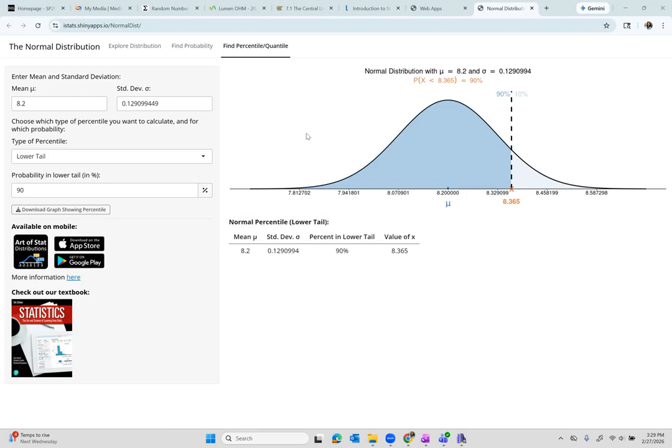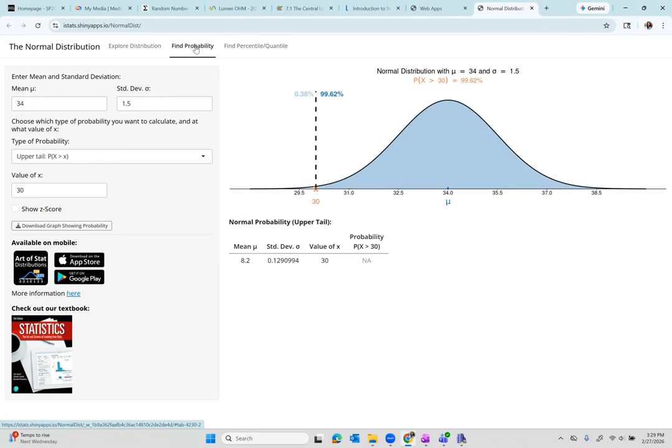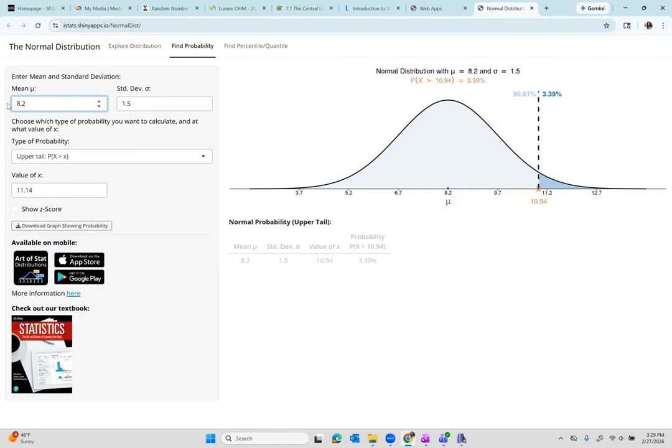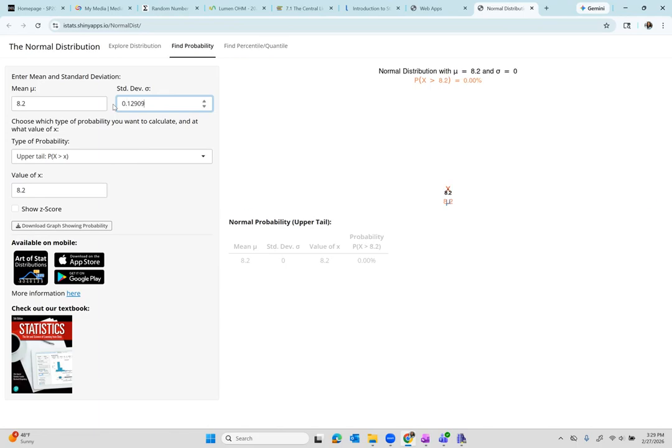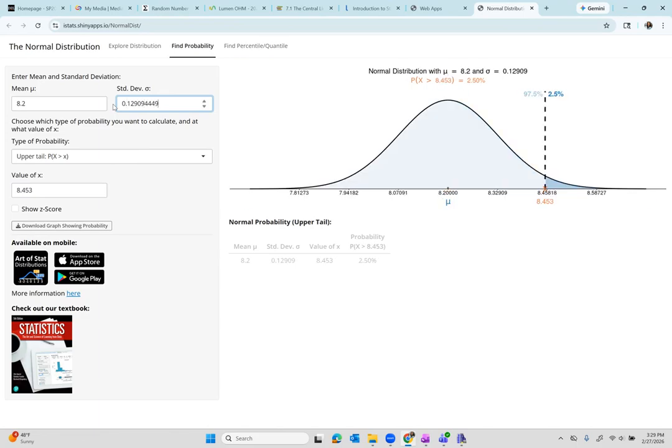When I am in the Art of Stat normal distribution app, I want to go under find probability. I want to fix again the mean to be 8.2 and the standard deviation to be 0.1290994449.